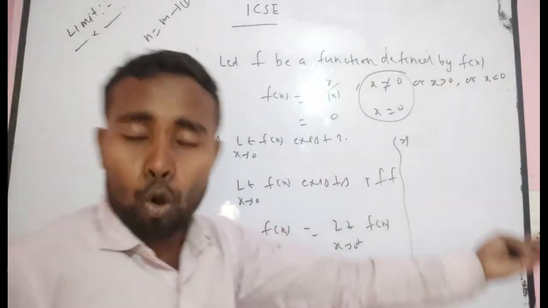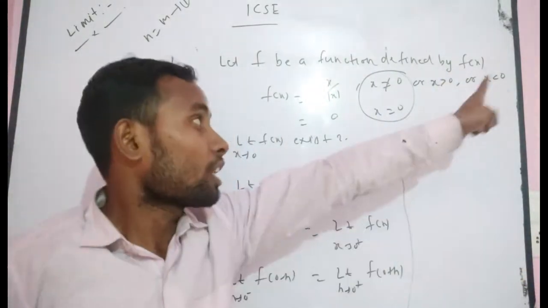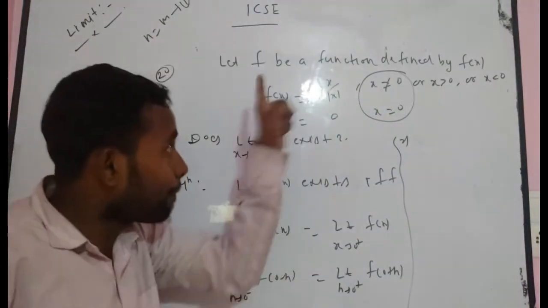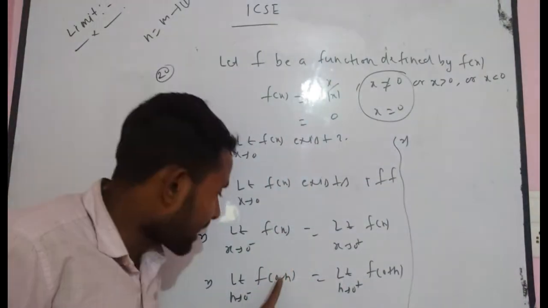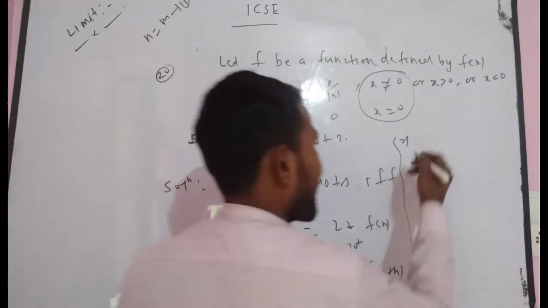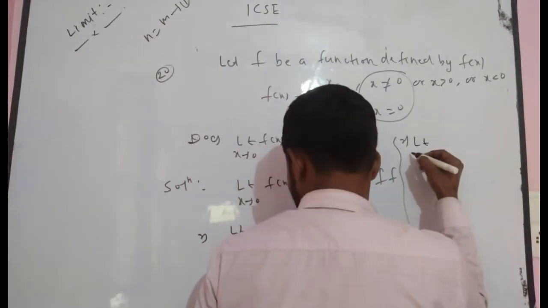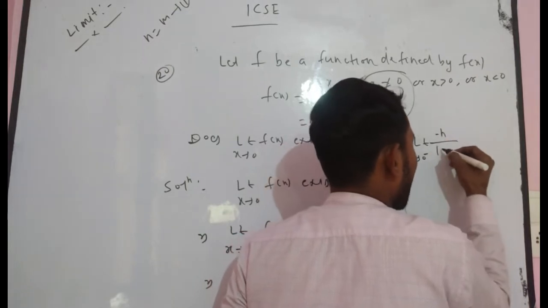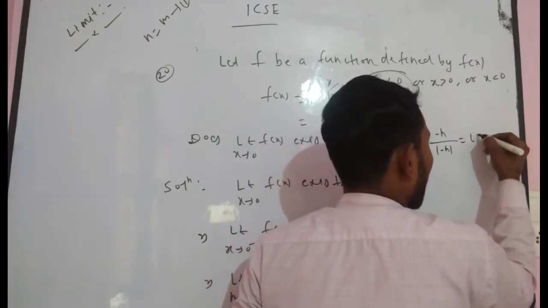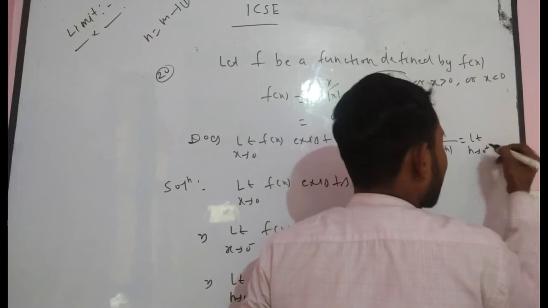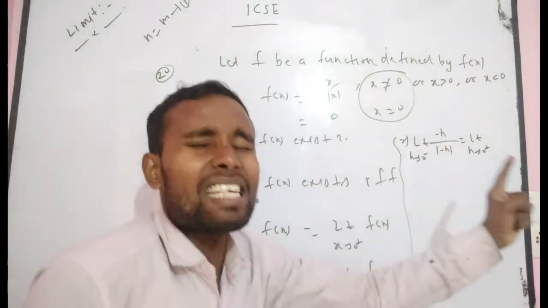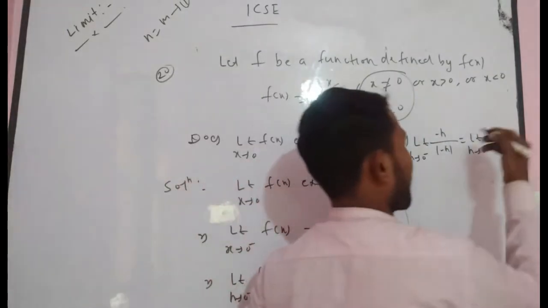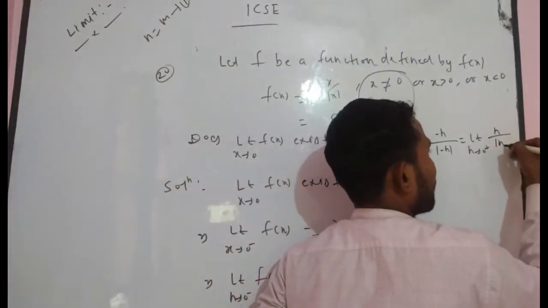But if x is greater than 0 or less than 0, then you have to choose the function x by mod x. That means you have to replace x by minus x. So we will have the limit as h tends to 0 from the left hand side of minus h by mod of minus h, equal to the limit as h tends to 0 from the right hand side, where it is slightly greater than 0. In that case, we again choose f(x) equal to x by mod x.